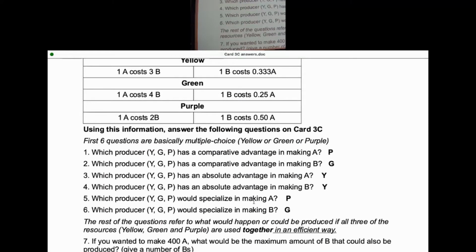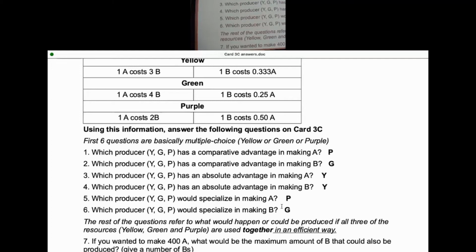Which one would specialize in making A? Now, this is not quite a trick question, but the idea is the one who has the lowest cost is the one who specializes. Specialization can mean if you were in charge of all 3 of these regions, and you were only going to have one of the regions make some A, which one would it be?